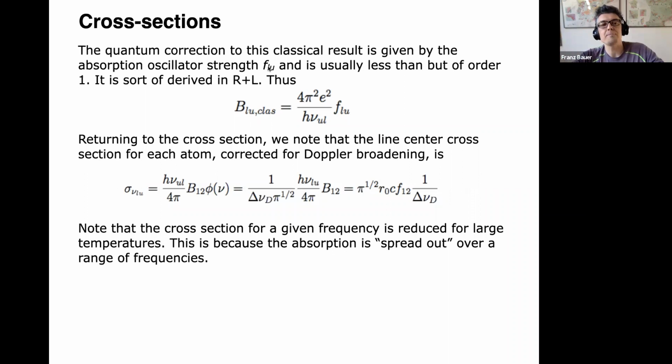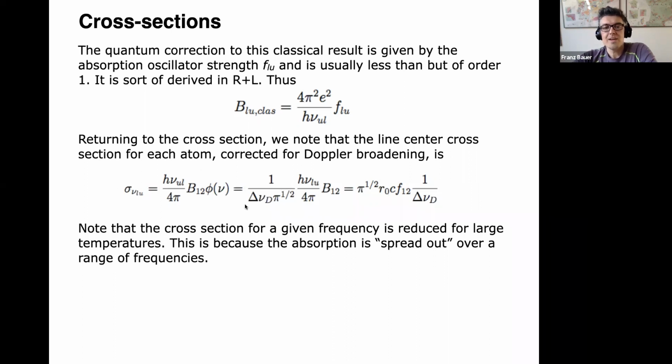So if we think about the cross-section again of this particular transition, we want to note that the line center cross-section for an atom corrected for Doppler broadening would look like this. So the cross-section looks like this, and then we plug in the profile here for our Doppler formalism.